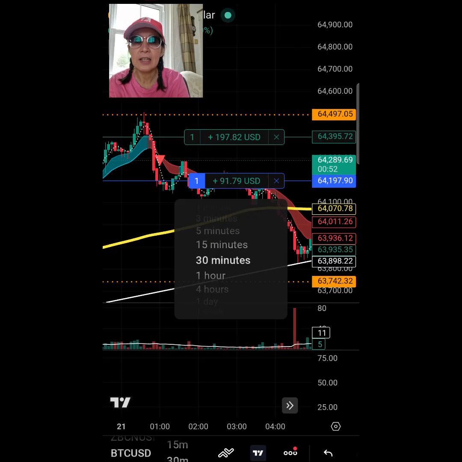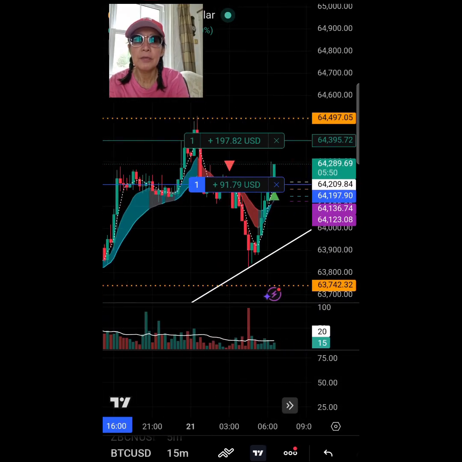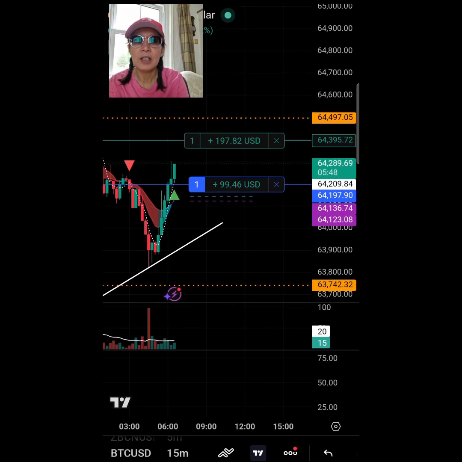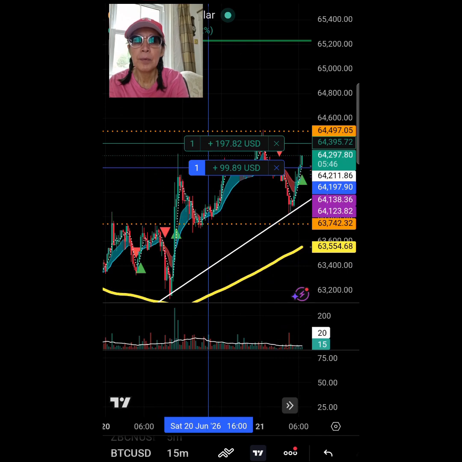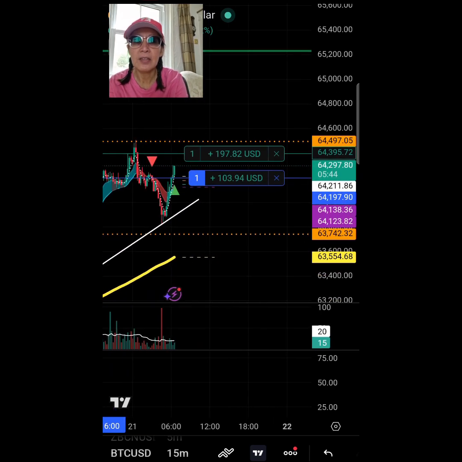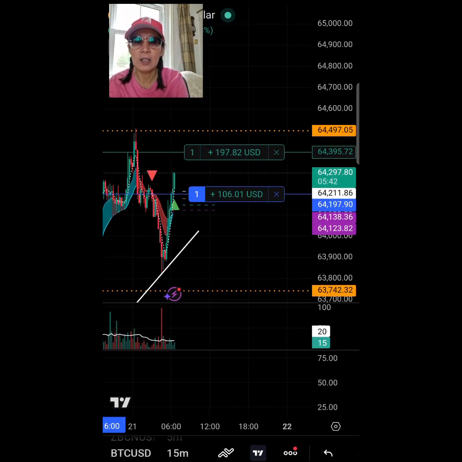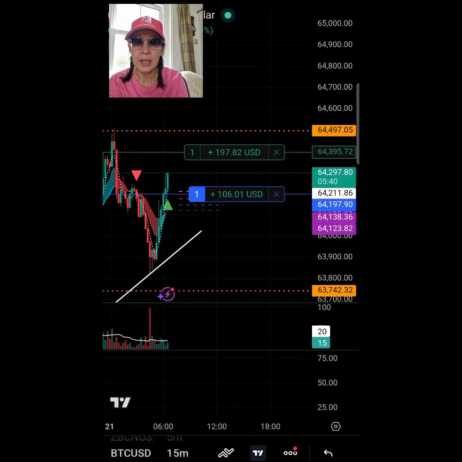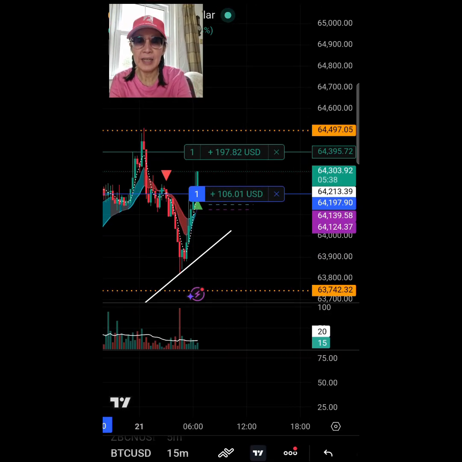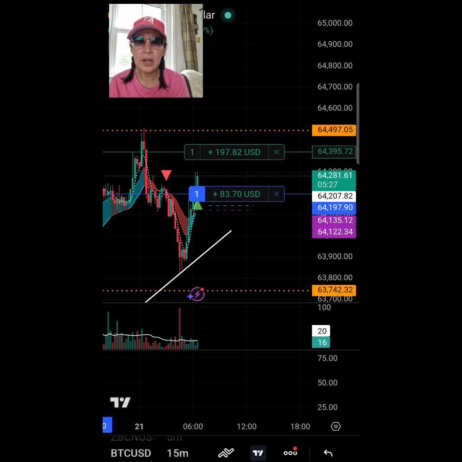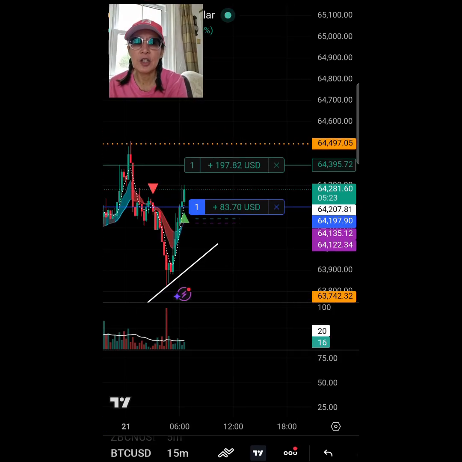I'm using the 15 minute as my jump off point, because on the 15 minute, that dotted orange line at the top gives you an indication of that peak, the first high. If Bitcoin manages to reach that, there will be some kind of pullback towards the river. That's where I've placed the stop, an exit position.